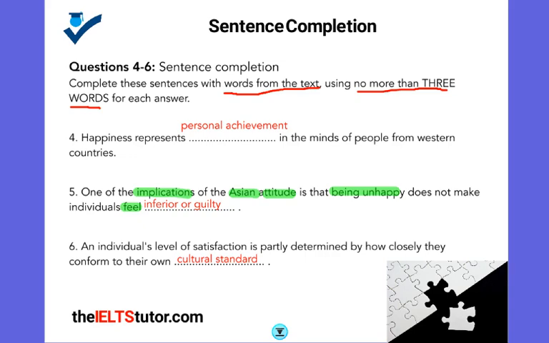So make sure that you stick to the steps that we've discussed earlier, and stay tuned for the next lesson, which we are going to have, I think, hopefully next week. And this time we're going to take a look at summary completion. So we've taken a look at short answer questions, we've taken a look at sentence completion, and in the next lesson we'll look at how to complete a summary properly in the IELTS reading test.